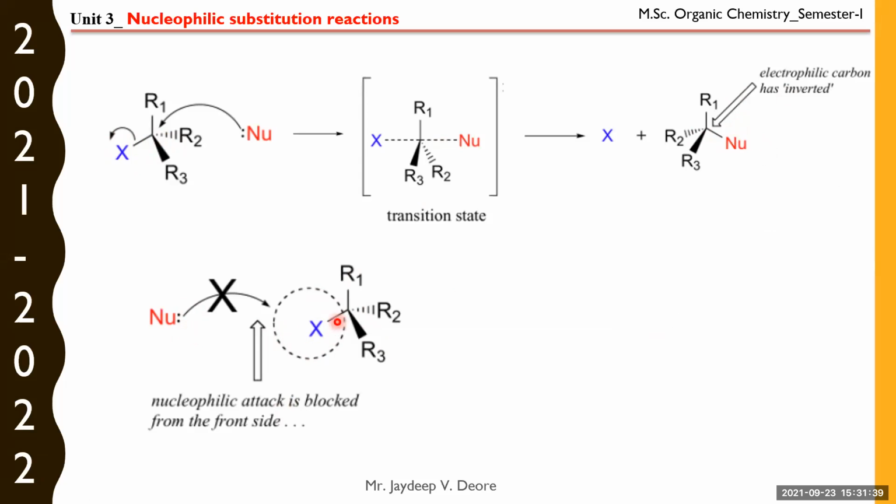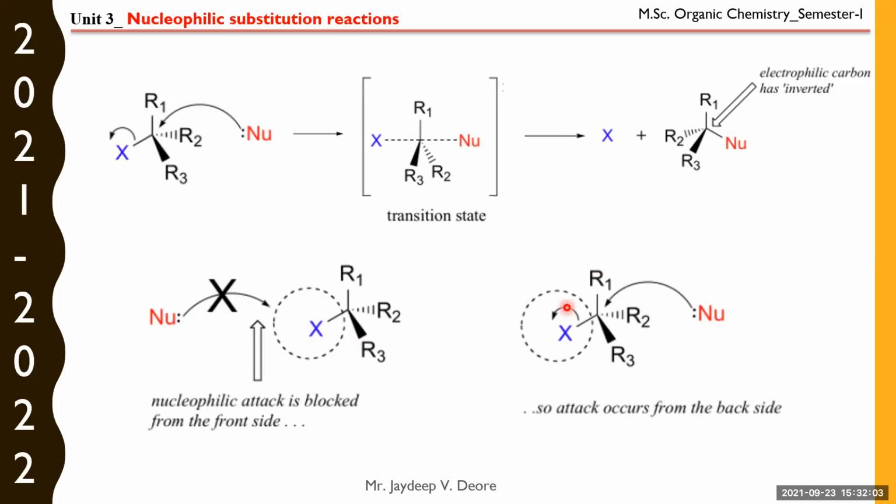And that leaving group is also an electron rich species. It departs with the pair of electrons, right? So both are negatively charged species. Therefore, the attack of the nucleophile from the same side as the leaving group is not possible. Because of this, the attack is blocked from the front side, because both the species are electron rich species, right? So that's why the attack is blocked.